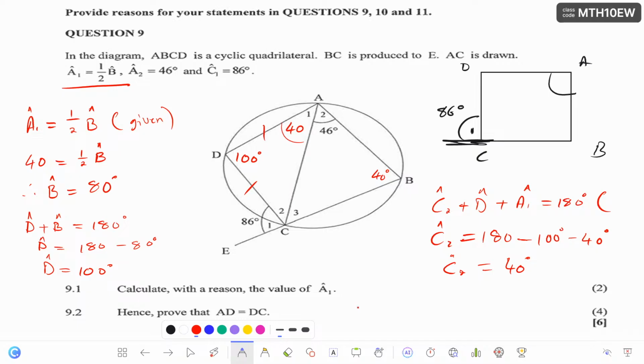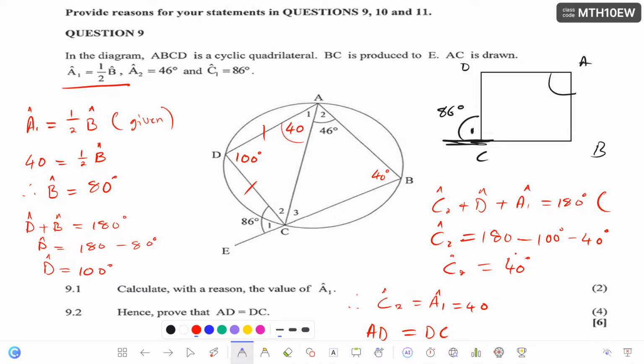So now you can conclude that, therefore, since C2 is equals to A1, which is equals to 40 degrees, it means even AD is equals to DC.